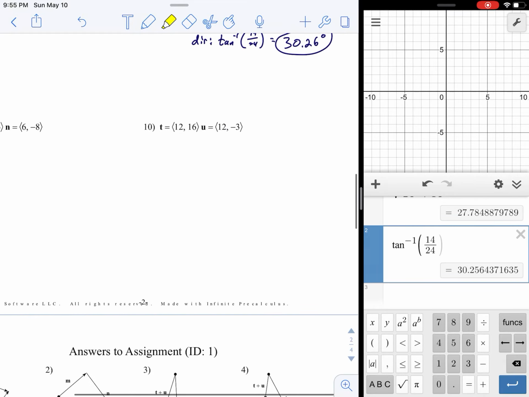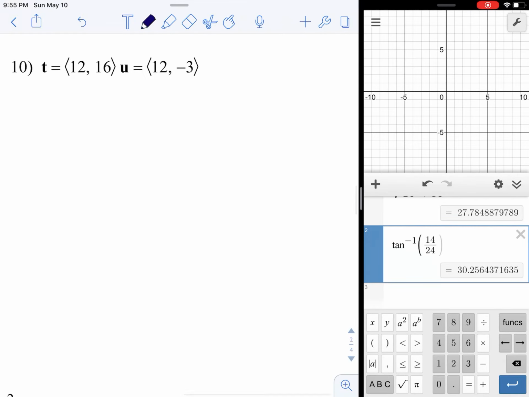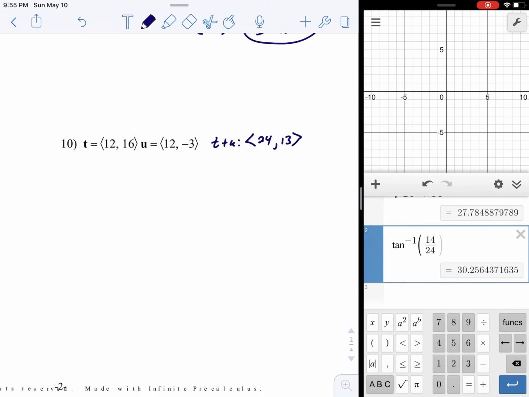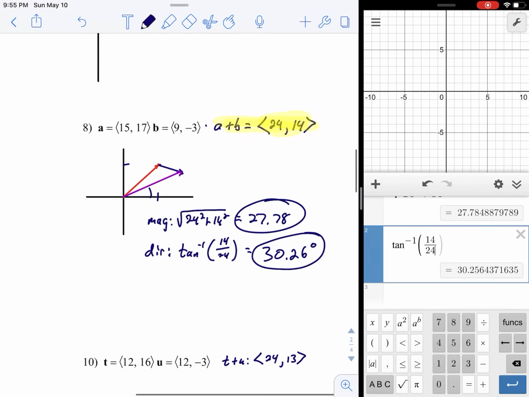Okay, one more. Again, to see if I can do this smoothly so that you've got a really good example to follow. So, t plus u, 12 plus 12 is 24, 16 plus negative 3 is 13. Wow, it looks like 10 is going to be almost the same as number 8.